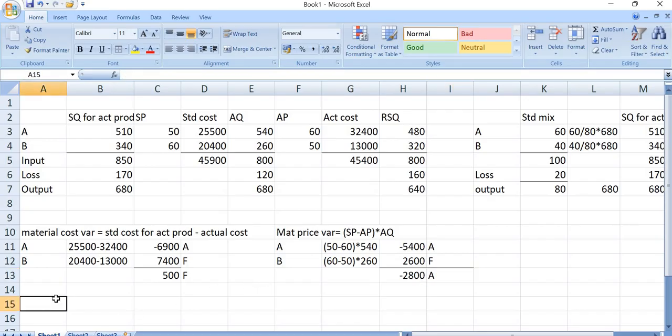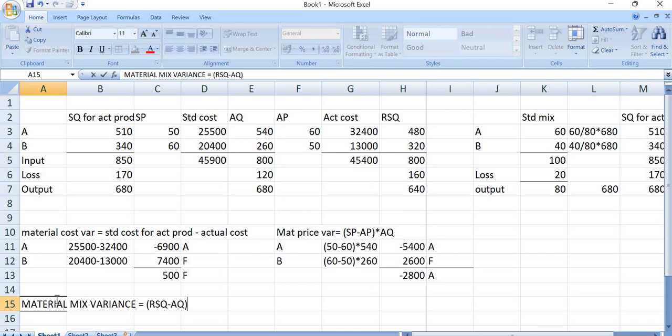So now let's move on to material mix variance. Material mix variance is equal to, remember, first we need to calculate RSQ. We have already calculated RSQ here. So RSQ minus actual quantity into standard price. Mix variance is the variance computed between my standard proportion for actual mix and my actual mix. So the variance between standard proportion of my actual mix and actual quantity. So the formula will be RSQ minus AQ into standard price.